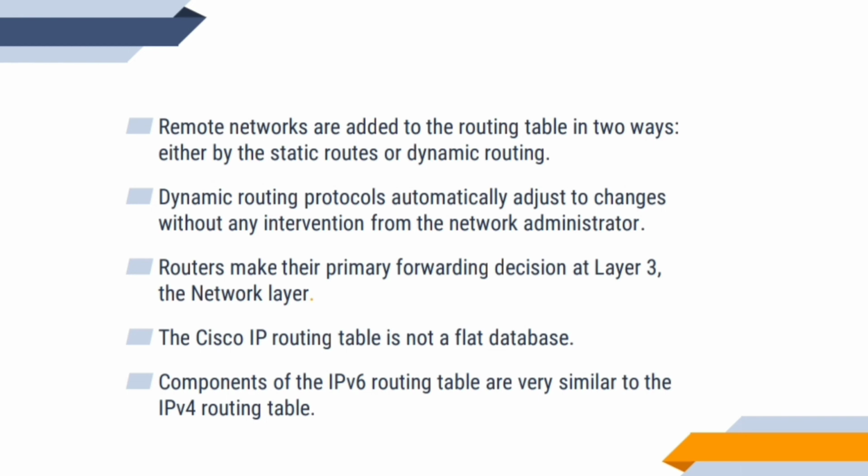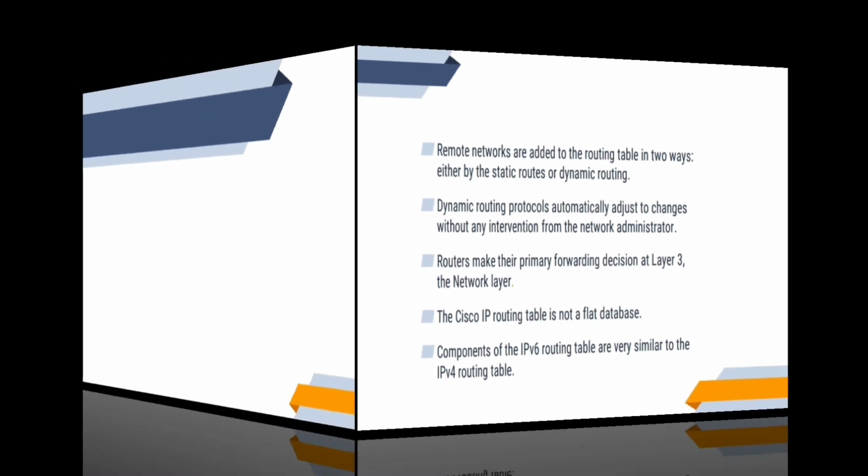Next, routers make their primary forwarding decision at layer 3, the network layer. Second to the last, the Cisco IP routing table is not a flat database. Lastly, components of the IPv6 routing table are very similar to the IPv4 routing table.